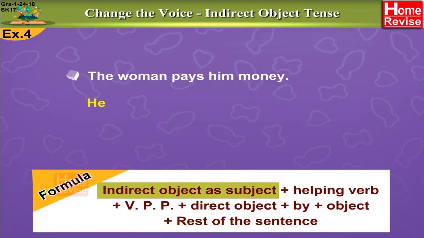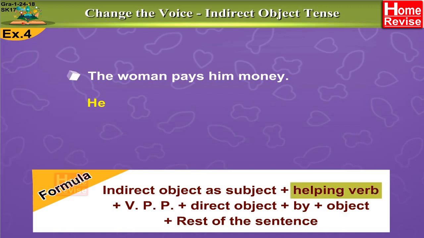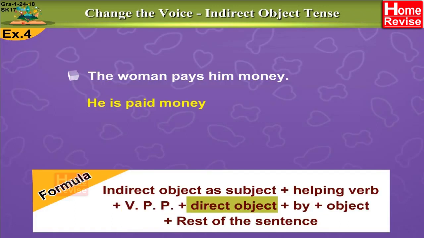Since pays shows us that it's simple present tense, we have to use the helping verb of simple present tense, which is is. He is, the past participle of the verb pay is paid, direct object money, by whom? By the woman. So the answer is: he is paid money by the woman.